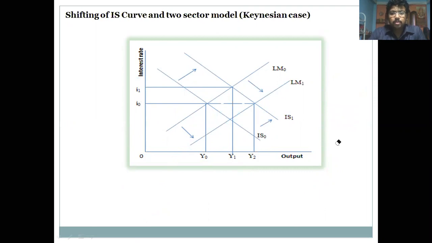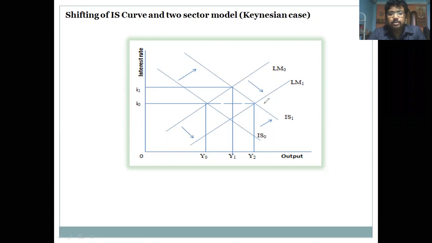Now look, the slope of the LM curve matters here.